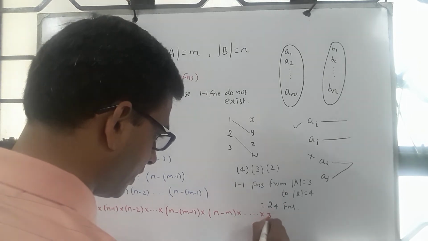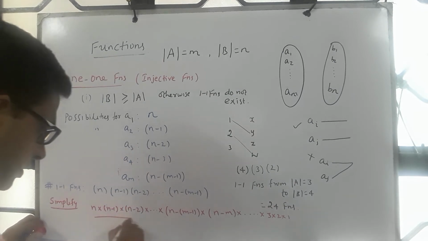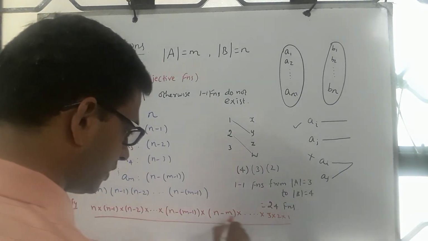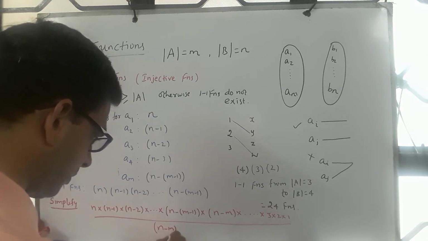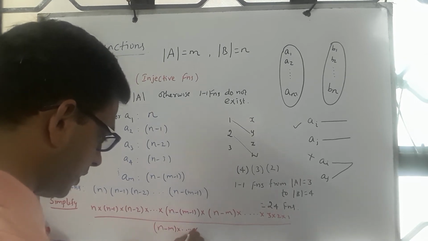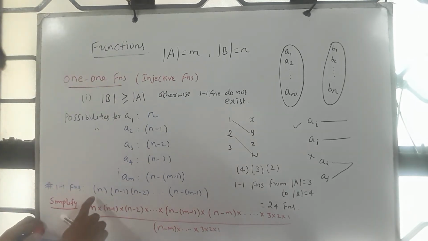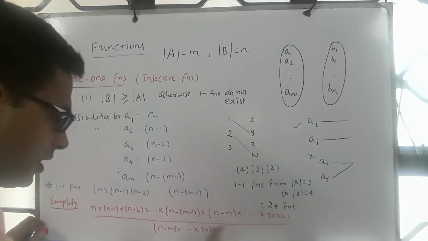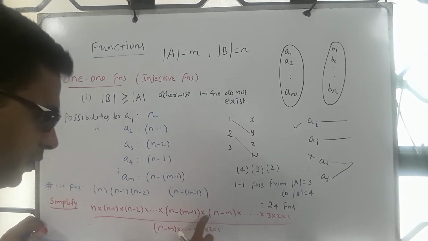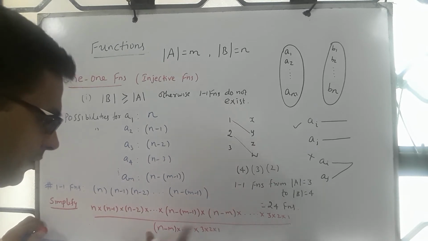Finally you see that 3, 2, 1 comes. So divided by, these are all the extra terms, right? So divide that, n minus m, and so on up to 3 into 2 into 1. Please note the actual count is this, and I am expanding that product by including the other terms. These are extra terms, so I will have to divide.